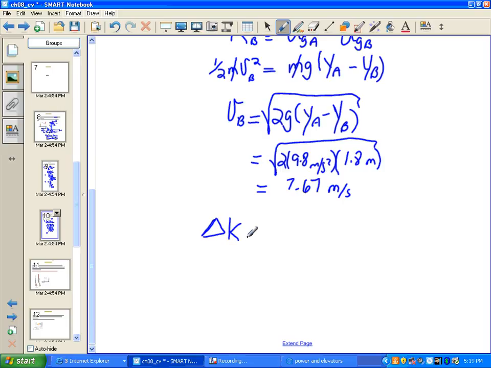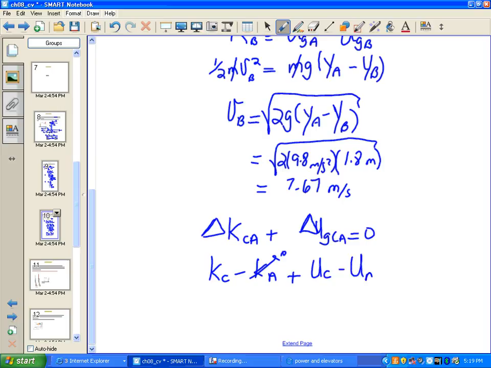Now, what about the speed at point C? Here again, we can take the difference, delta K from A to C, plus delta U sub G from A to C. Actually, we could have gone B to A, but because K_A, the kinetic energy at point A, is 0, let's save ourselves the hassle and just use the difference between K_C and K_A, which is 0, plus U_C minus U_A. Always make a distinction between spring and gravitational.